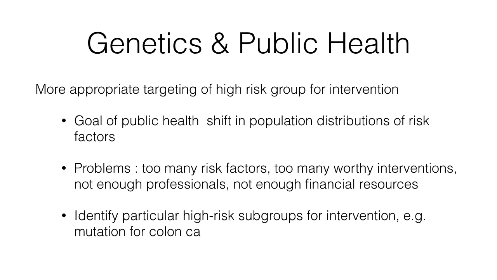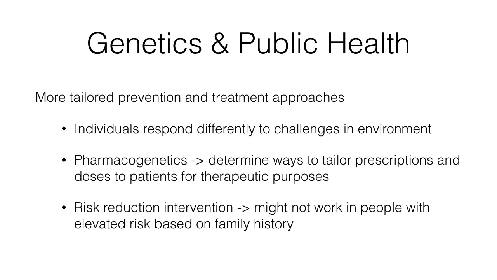The problem is there are too many risk factors, too many worthy interventions, not enough professionals, and not enough financial resources. So identifying particular high-risk subgroups for intervention would help to tailor public health management, as well as more tailored prevention and treatment approaches.